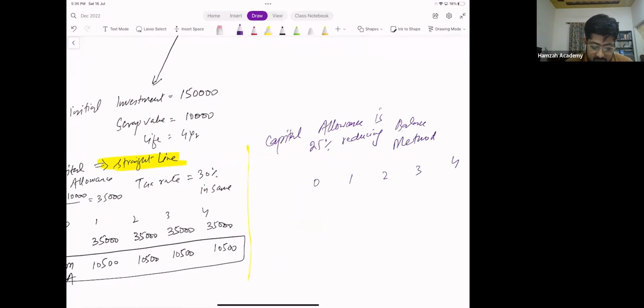First of all, here is the written down value and capital allowance.